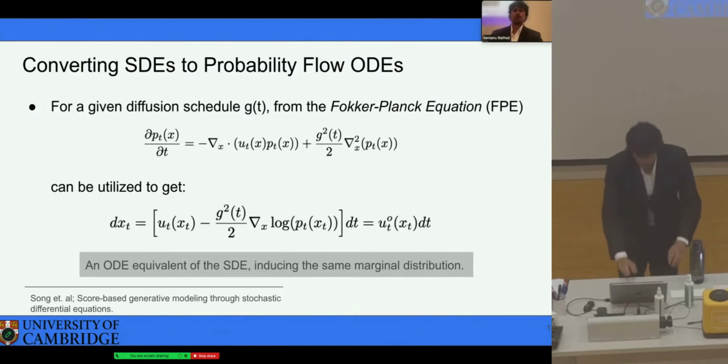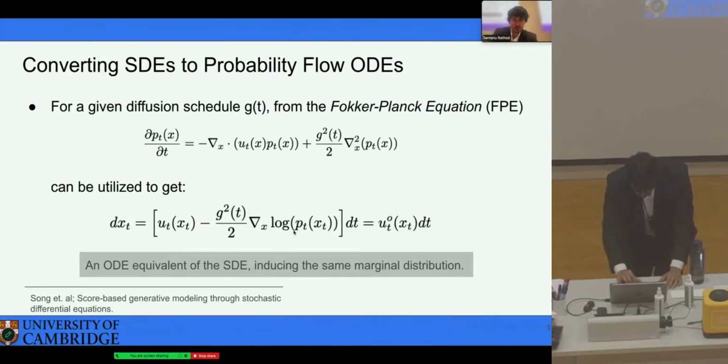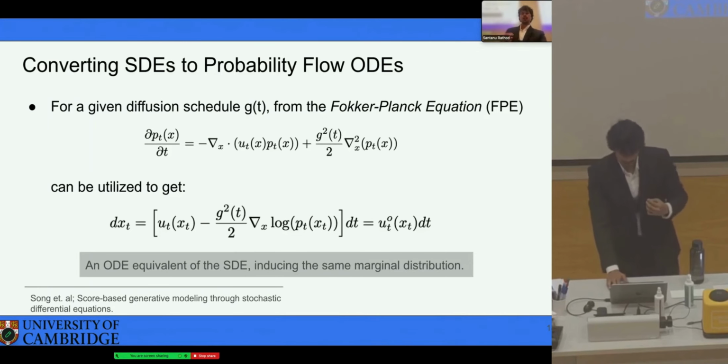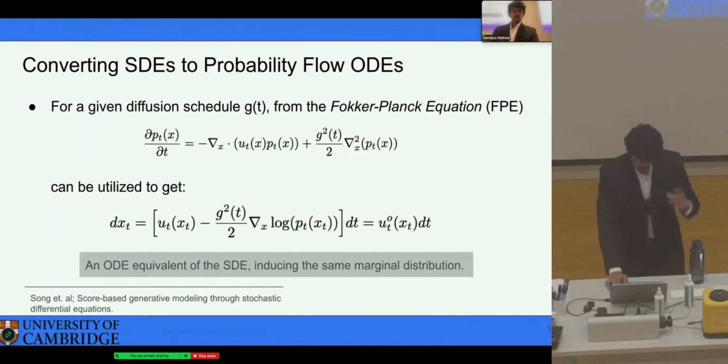This formula over here, which has both the drift term as well as the score function, which is nothing but the derivative of the log probability, is in essence the probability flow ODE equation. And this is the ODE equivalent of the SDE that induces the same marginal distribution. So now that we've converted our SDE to an ODE, and given that we've already devised a framework for modeling ODEs better, we can just use that framework over here, given that we know what G of t is, which is the diffusion schedule.